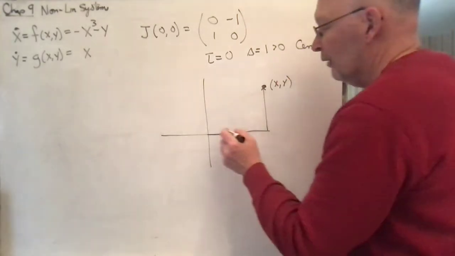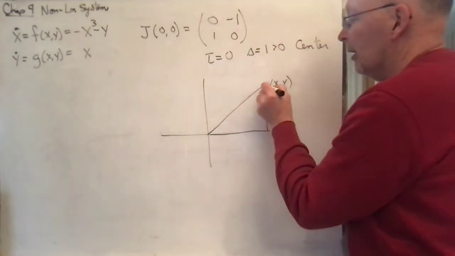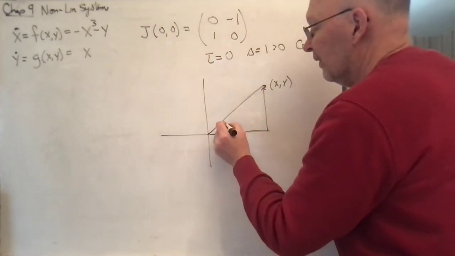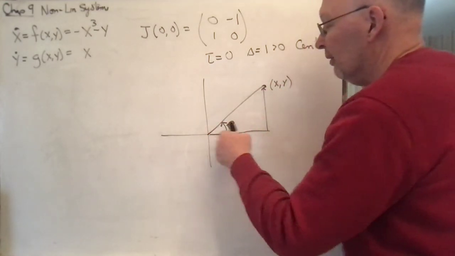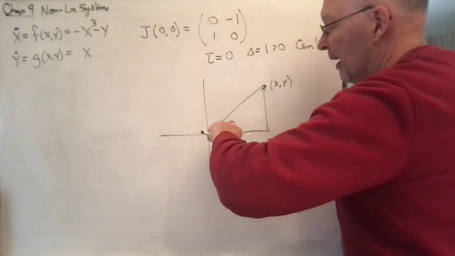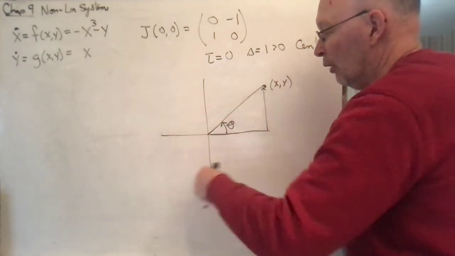Another way to get the address of that point is by taking this angle here, the positive angle. Positive, of course, means counterclockwise.